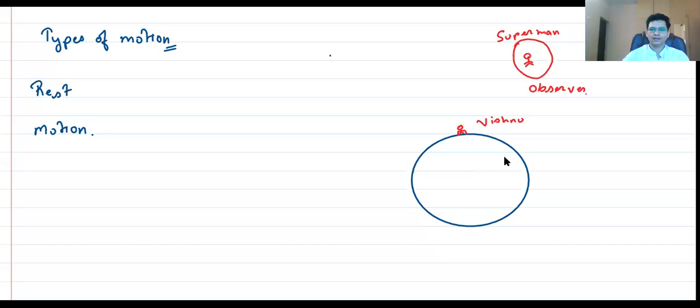But suppose there's someone else on Earth only, suppose we have Harsha on Earth. Now, if Harsha is looking at me, then according to Harsha, am I in rest or motion? Tell me. Rest. According to Harsha, I'll be in rest.